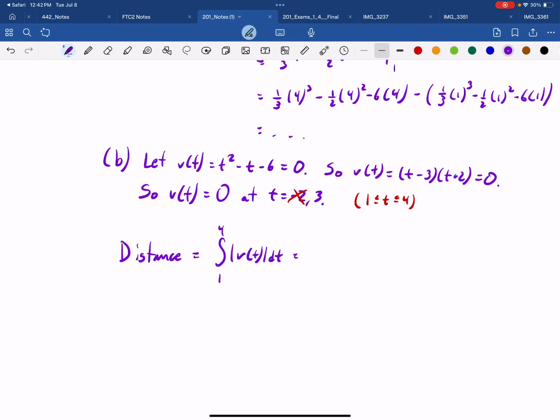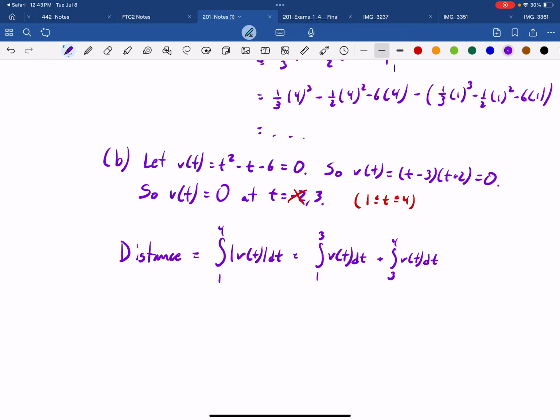And that's going to be the integral from 1 to 3 of v of t dt, plus the integral from 3 to 4 of v of t dt, right?